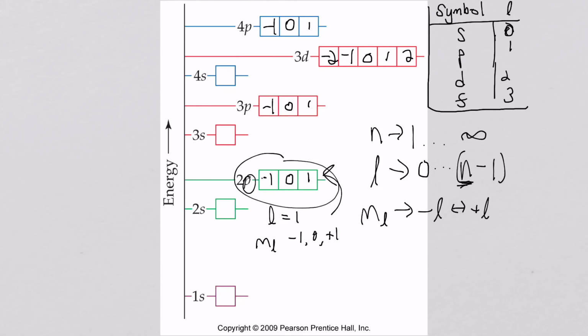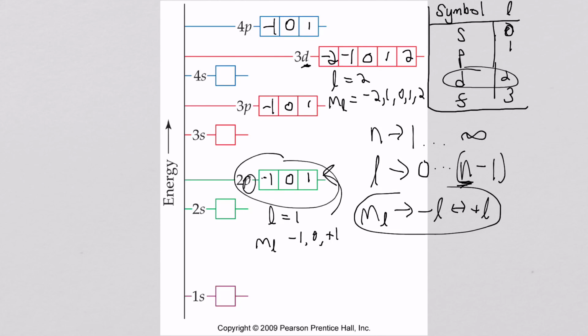And this works equally well for any other set, like, for example, the 3d sets. If my angular momentum quantum number is associated with the letter d, which means that L is equal to 2, according to the table over here, then my available values for my magnetic quantum number run from minus 2, through 0, to positive 2. So however you look at it, the range of my magnetic quantum numbers runs from minus L to plus L.